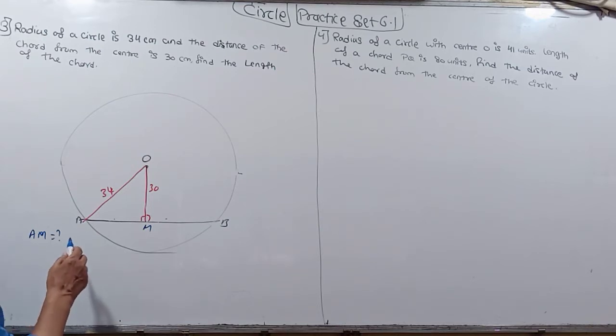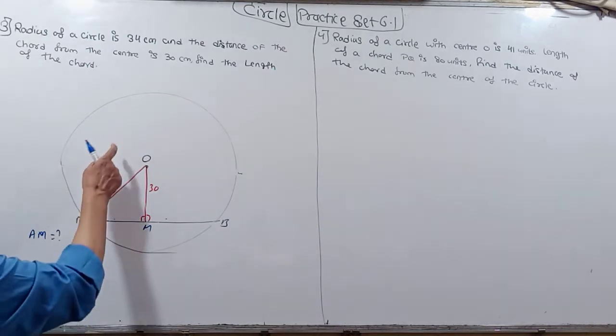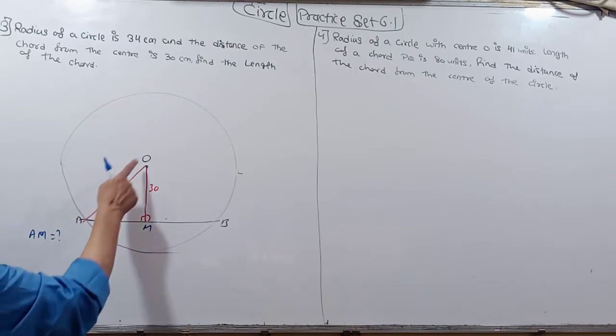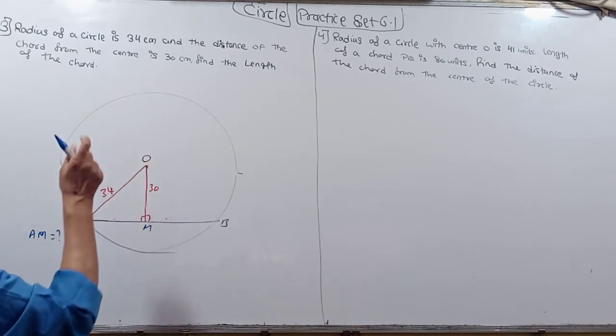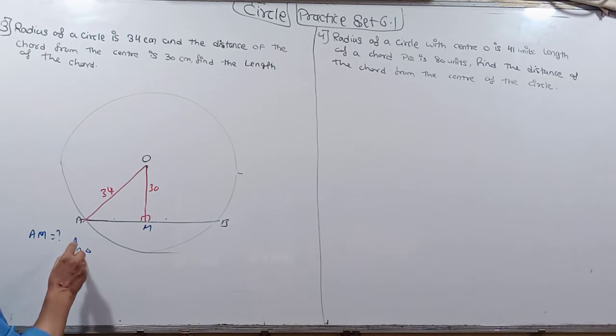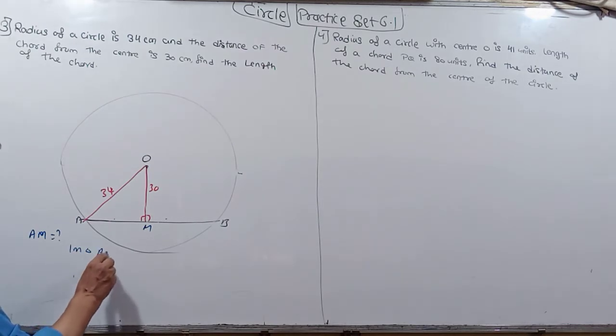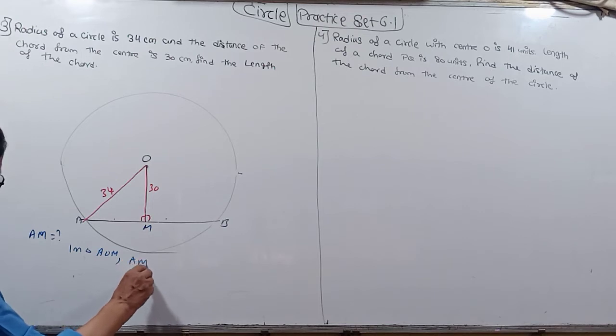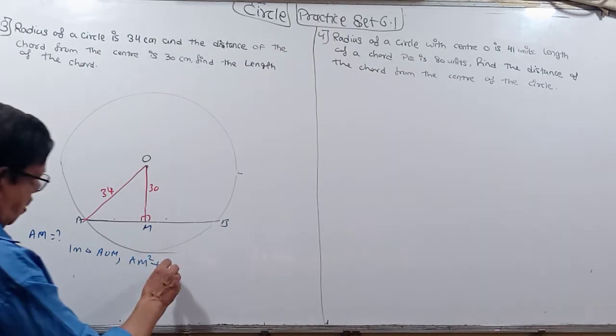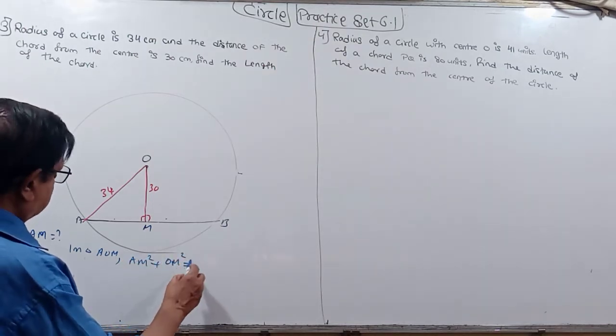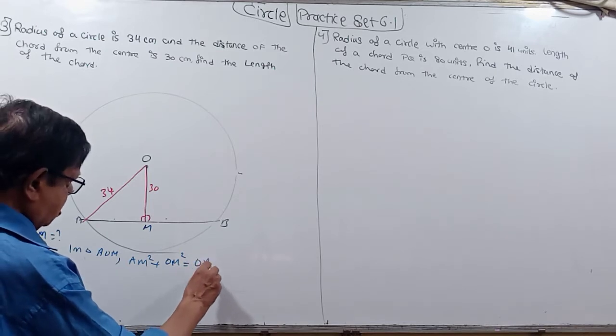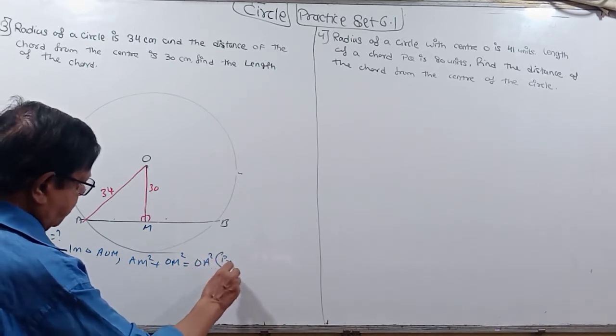The radius of the circle is 34 and the distance of the chord is 30. So, in triangle AOM, AM square plus OM square is equal to OA square. Pythagoras theorem.